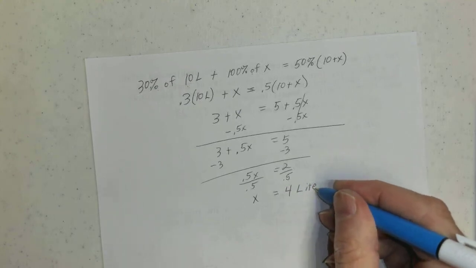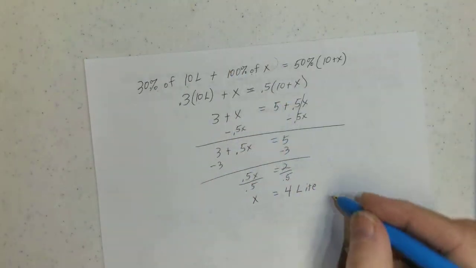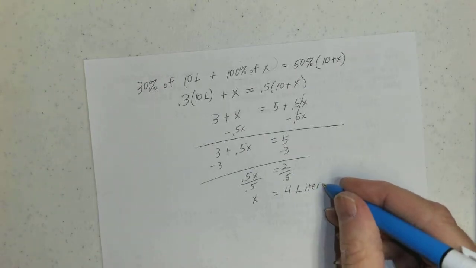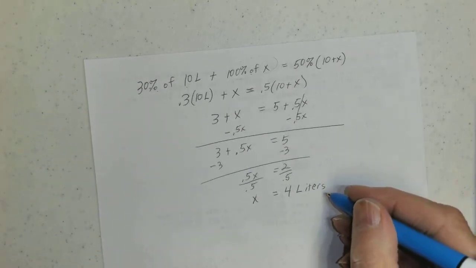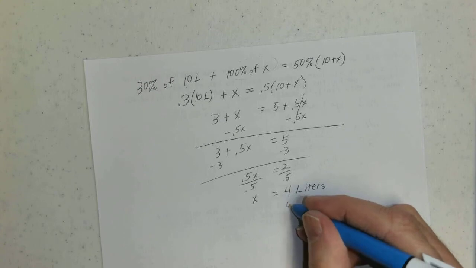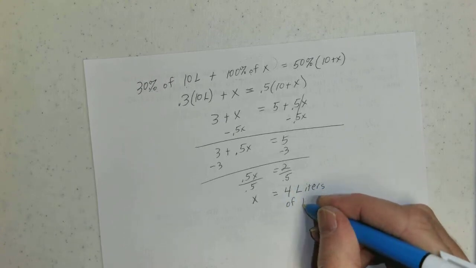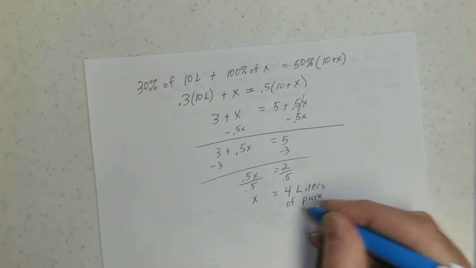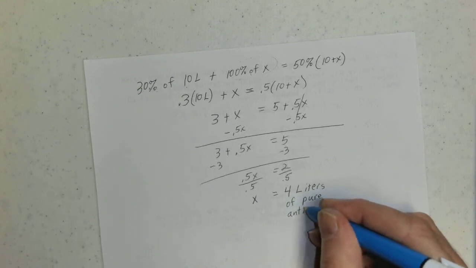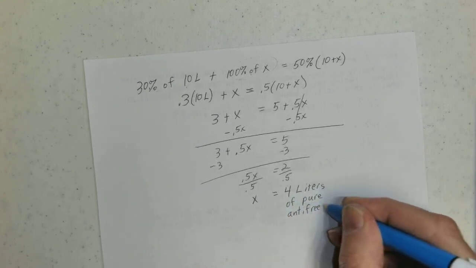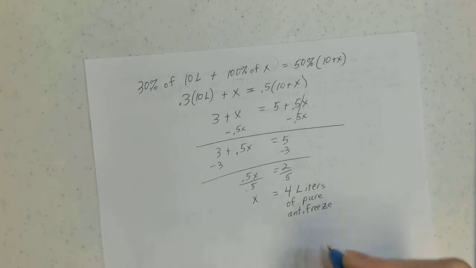And that's the question, if I recall, was asking how much pure antifreeze, and 4 liters of pure antifreeze is what we solved for there. Okay, what else we got here?